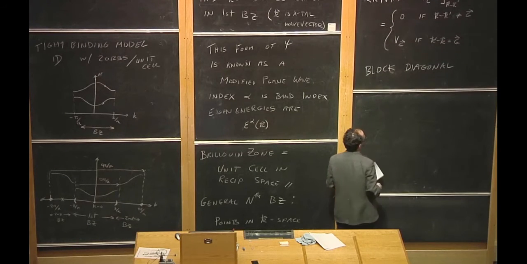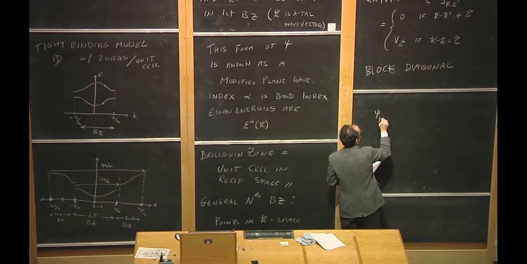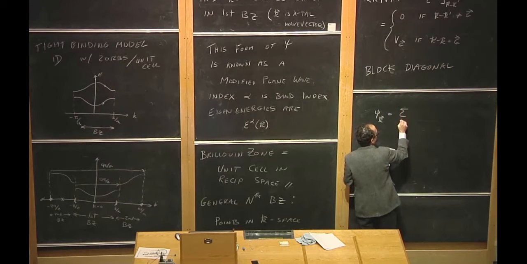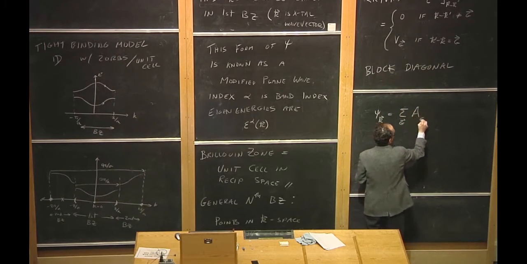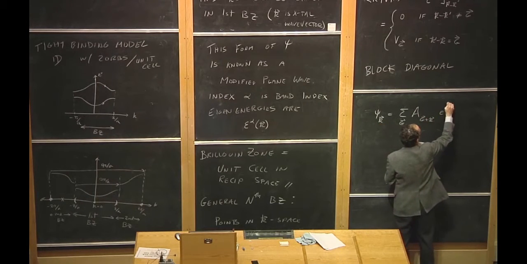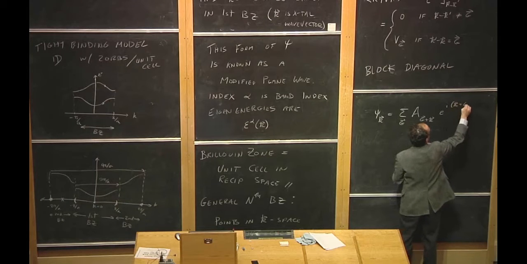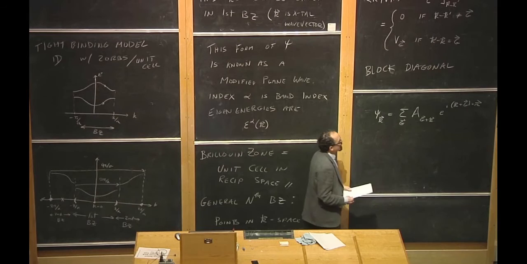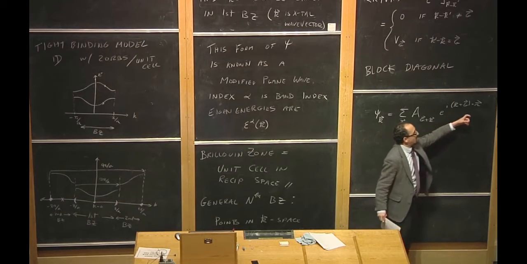So the Hamiltonian breaks up into these sectors, if you like. And so the wave function must be of the form, psi k must be of the form, sum over g of some coefficients, let's call them a of g plus k, times e to the i (k plus g) dotted with r. Now, why should it have to be of this form? Well, you start with some e to the i k dot r.